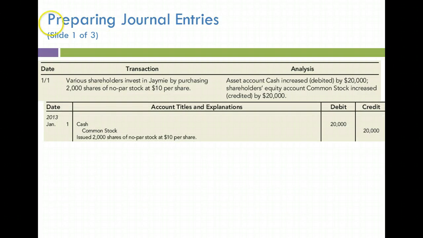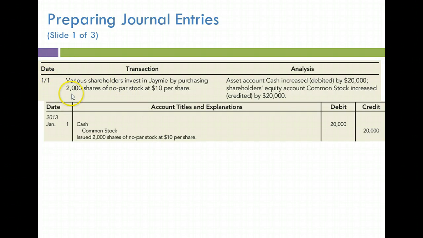So we're going to show the date, a debit to cash. You see over here a debit of 20. And then we've got a credit to common stock, which is part of the shareholders' equity section. And the normal balance of shareholders' equity is a credit, contributed capital. So we show our debit, our credit, and we show an explanation. We issued 2,000 shares of no par stock at $10 a share.